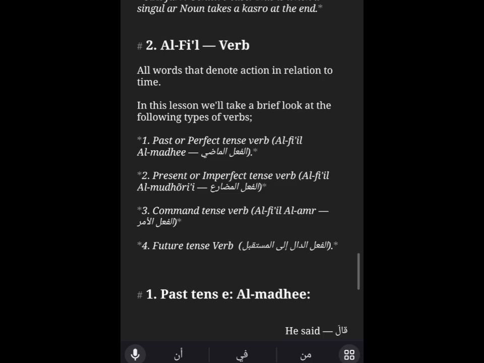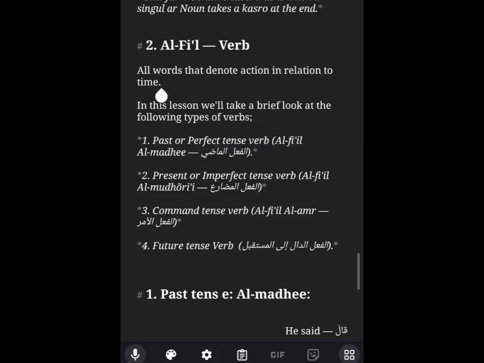Alright. This will take us to the types of verb that we have with respect to time. We have the past tense or perfect tense verb. This is called al-fi'l al-madi, or we say fi'l al-madi.